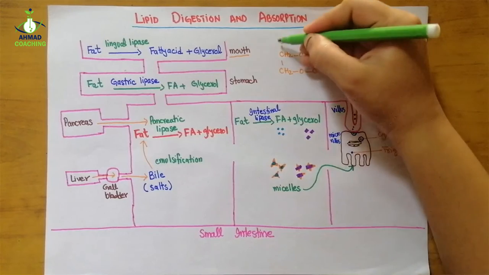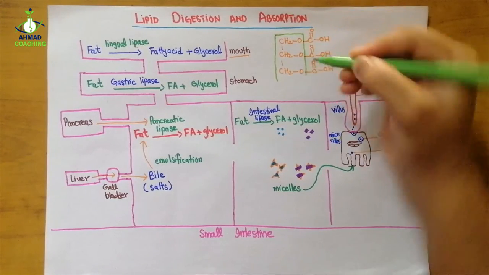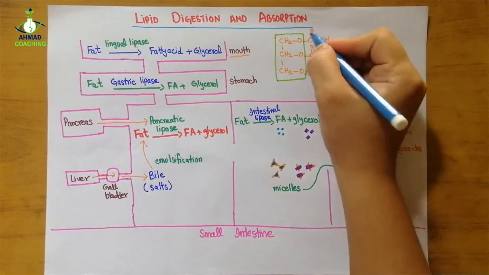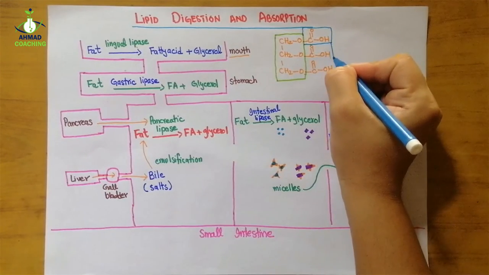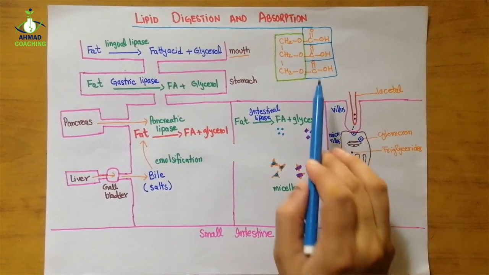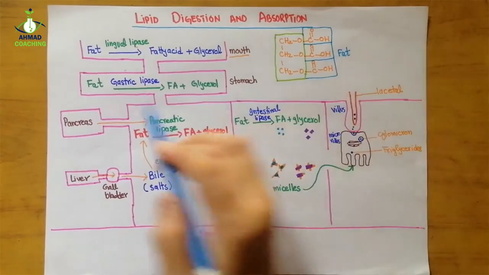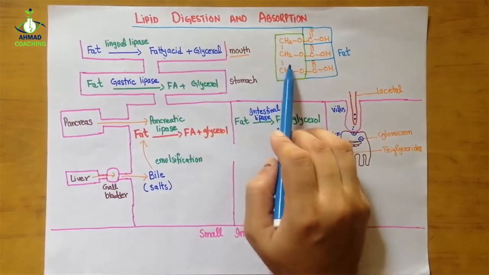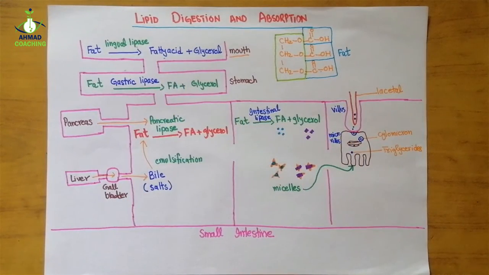In this molecule, this part here is glycerol, while this here is one fatty acid, second fatty acid and third fatty acid. So when this fat molecule is digested by the lipase enzyme, we will have 3 fatty acids and 1 glycerol molecule. A small amount of fat is digested in the mouth.